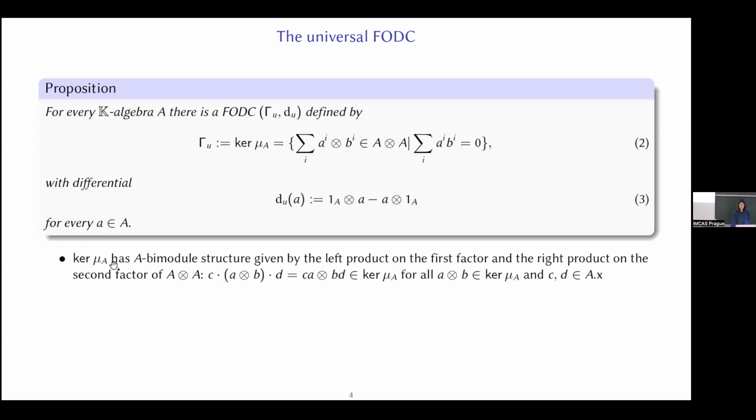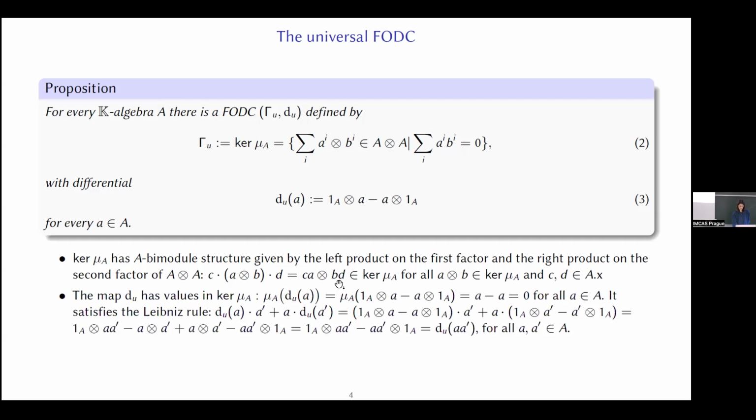In fact, the kernel of the multiplication has an A-bimodule structure by multiplying the first tensor factor from the left as a left action, and the second tensor factor from the right as a right action. This will still be in the kernel of the multiplication. And d_u satisfies the Leibniz rule. Here is a quick proof, and it also lands in the kernel of the multiplication. And the surjectivity condition is met: any a⊗b in the kernel of the multiplication can be written as a d_u b.